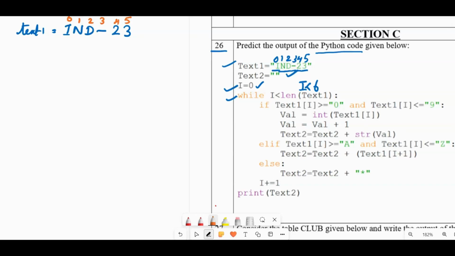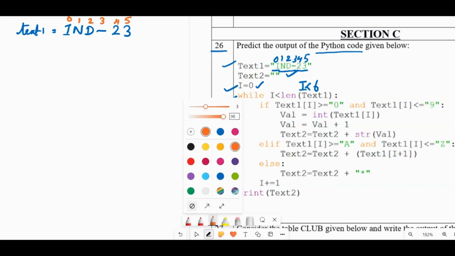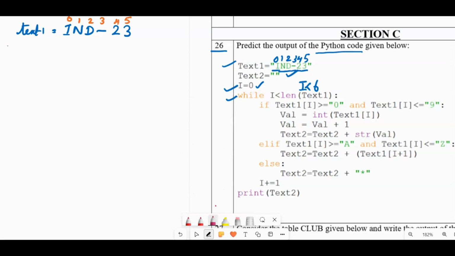Under the while loop, at the starting we have the condition I less than 6. Initially I is 0, so we check 0 less than 6, and the condition is true.